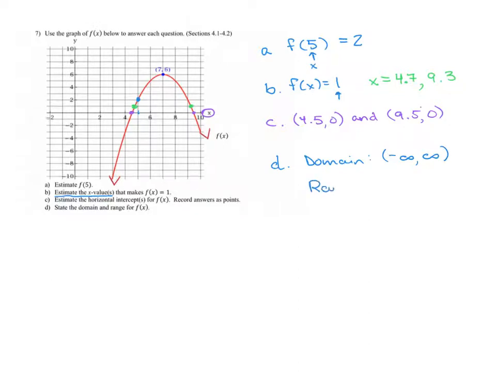For my range, we're looking at bottom to top. Both of these arrows go forever down. And so we have negative infinity. Our highest point is at 7, 6, and remember that we want to keep the y-coordinate when we are talking range. Range has to do with the y-coordinates. So we're going to go negative infinity to 6 and use a square bracket.